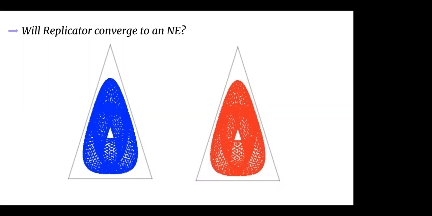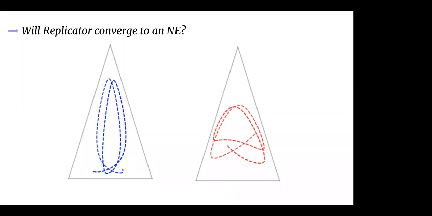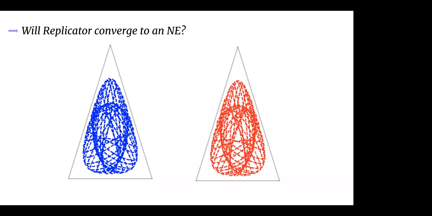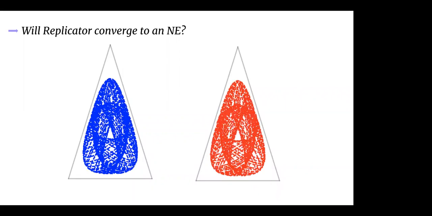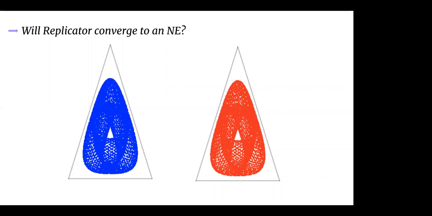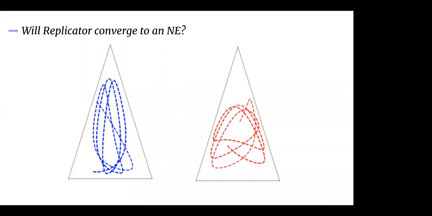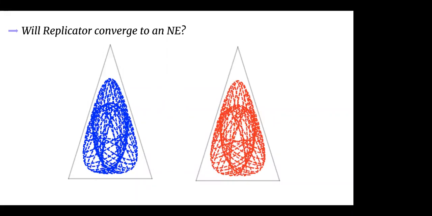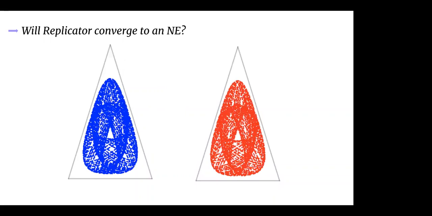Okay, and this property actually extends to all zero-sum games. So if we recall, zero-sum games are cases in which the amount that one player wins is exactly equal to the amount that the other player loses, right? The rock, paper, scissors game is an example of that.